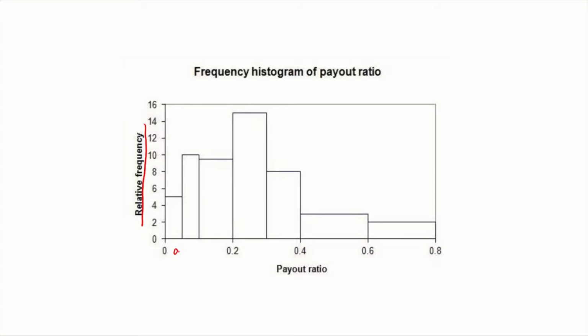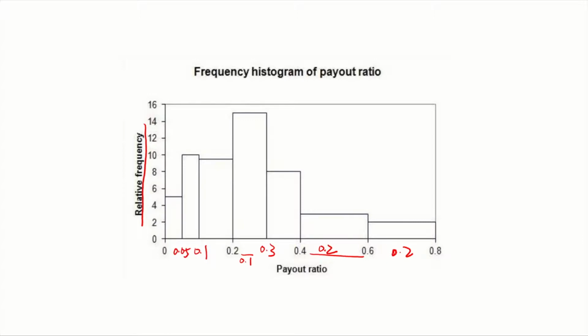But we can see that the class interval varies from 0.05 to 0.1. Later, the interval is 0.1 and the class width becomes 0.2 later on. So in this case, we need to divide these numbers accordingly to maintain consistency in the frequency histogram.